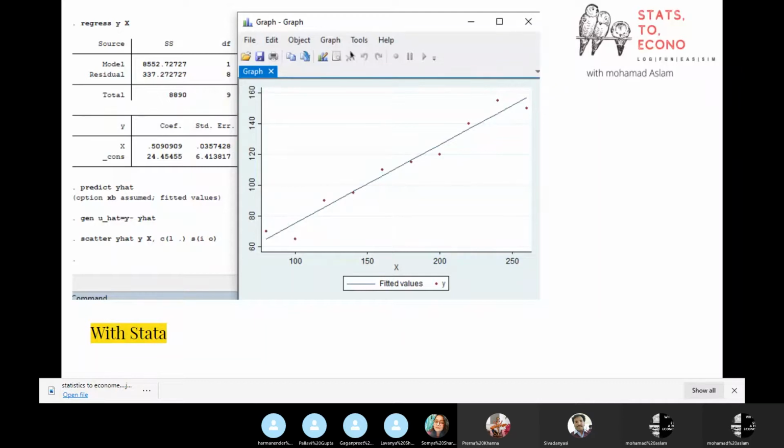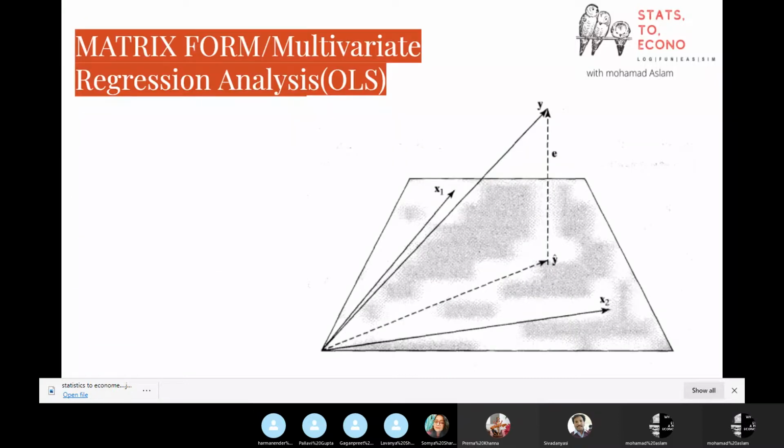So before going to the properties, the numerical properties of this derivation and the statistical properties, first I want to do it in matrix form so that you can understand what happens if you have more than two variables in the regression model, meaning more than one independent variable. It might be 3 independent variables, 4 independent variables.